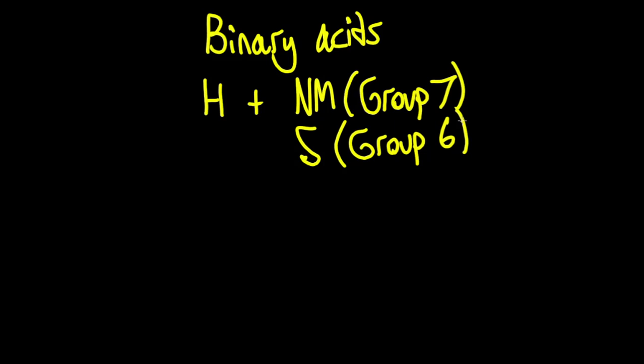When they're in their gaseous form, the binary acids can come into contact with moisture and they can form acidic liquid solutions. We're going to talk about the different naming scheme for the gaseous versus the aqueous solutions, aqueous meaning that the gas has dissolved into water.